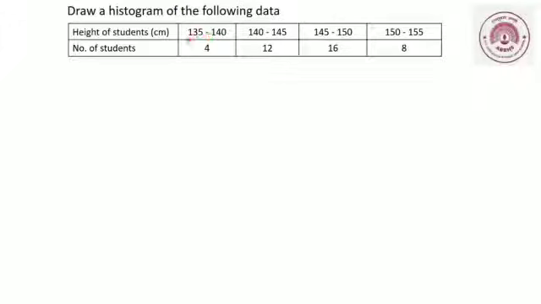And second, number of students, that is frequencies. The classes are 135 to 140, 140 to 145, 145 to 150 and 150 to 155. And the frequencies are 4, 12, 16 and 8.